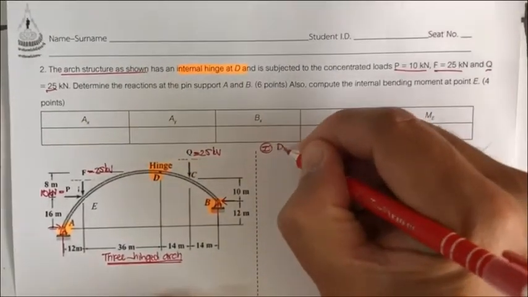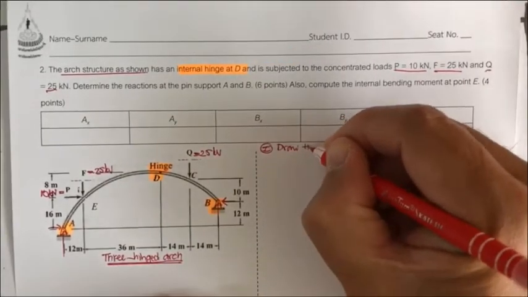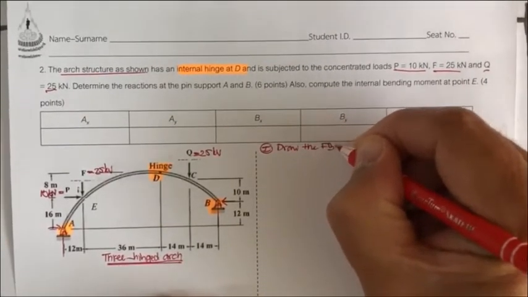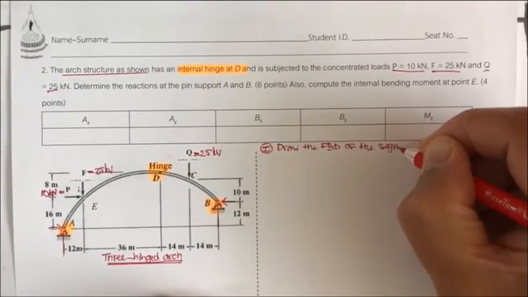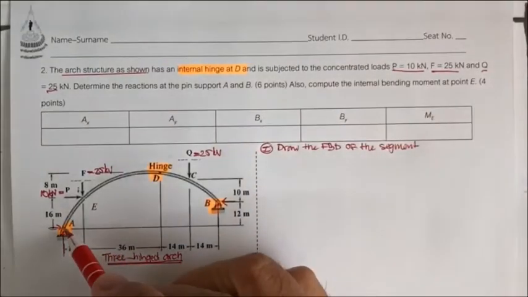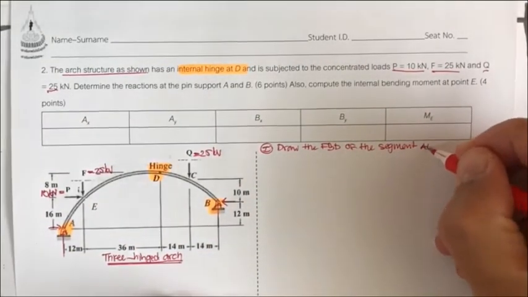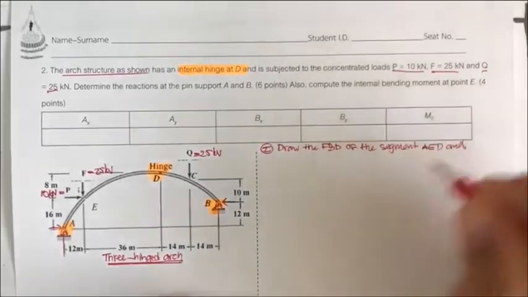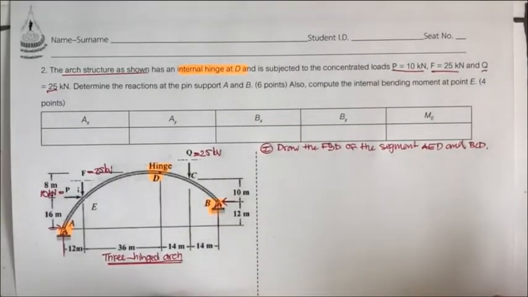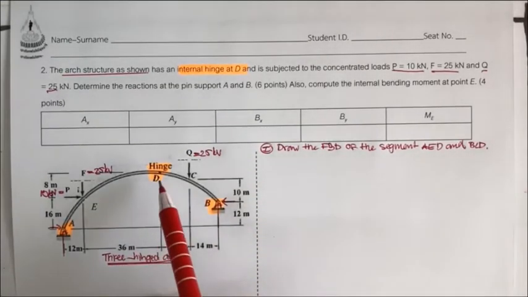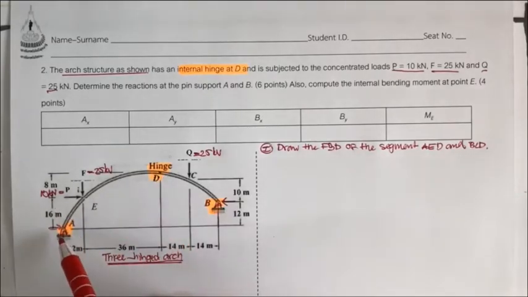First, we're going to draw the free body diagram of the segment AED and BCD by the lesson that I showed you, and then we will determine the forces at the hinge and the forces at the support later.